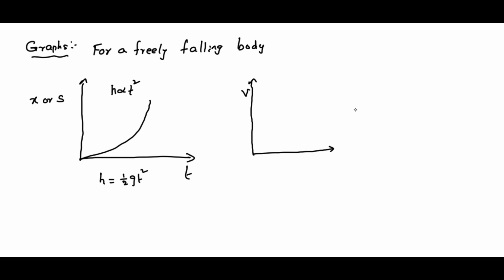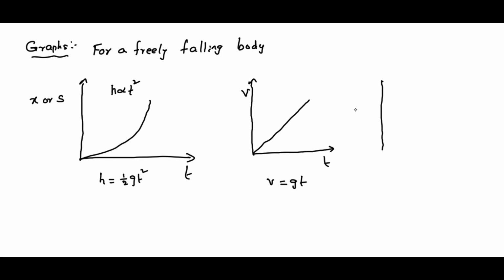In the case of freely falling body, v is equal to gt. So v is directly proportional to time. This one will be a straight line passing through the origin.